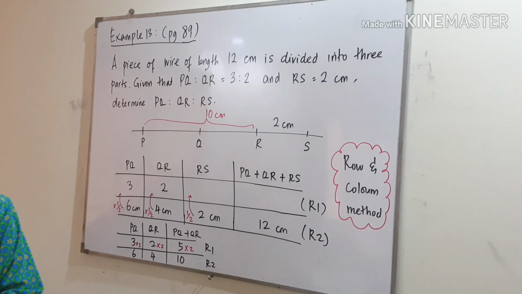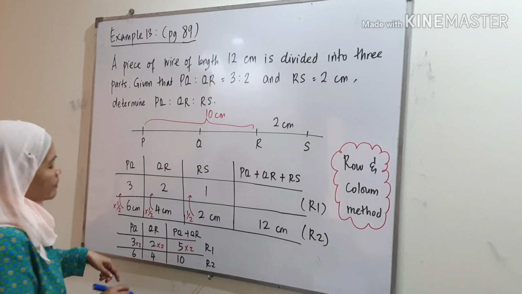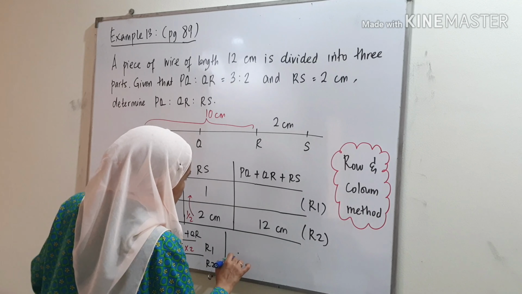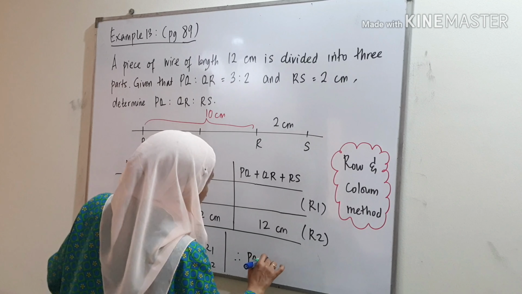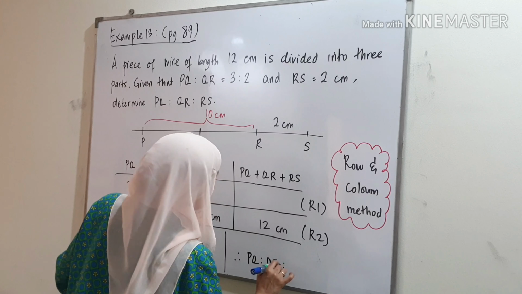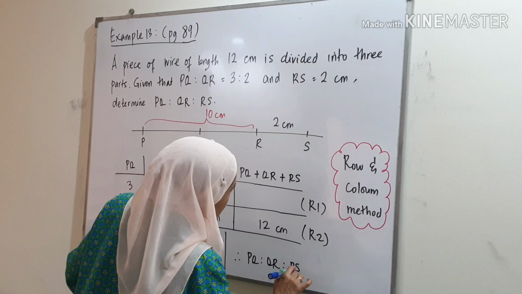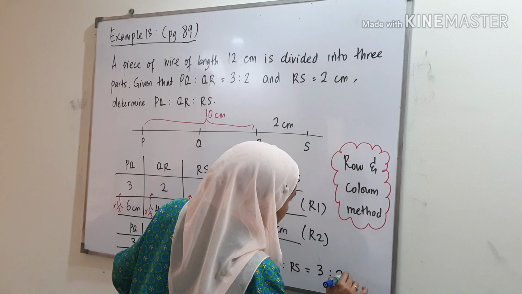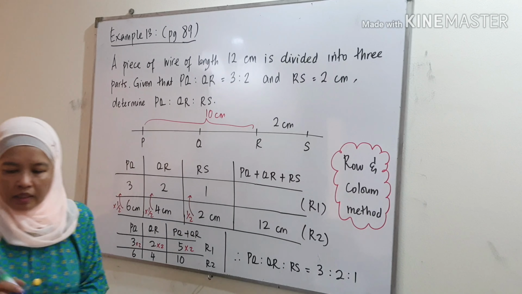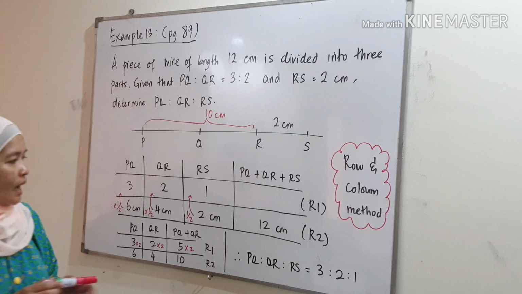So the final answer is PQ ratio QR ratio RS equals 3 ratio 2 ratio 1. So this is the final answer.